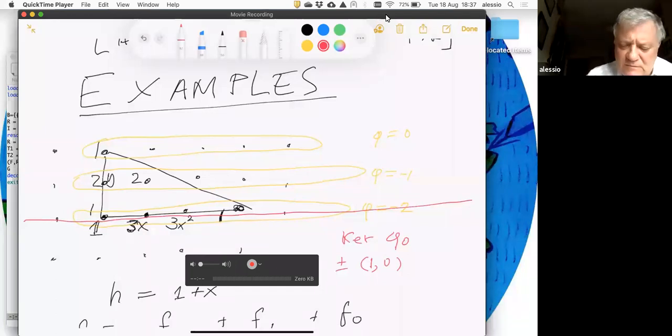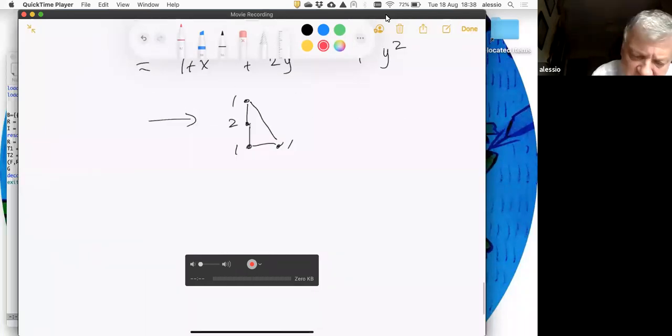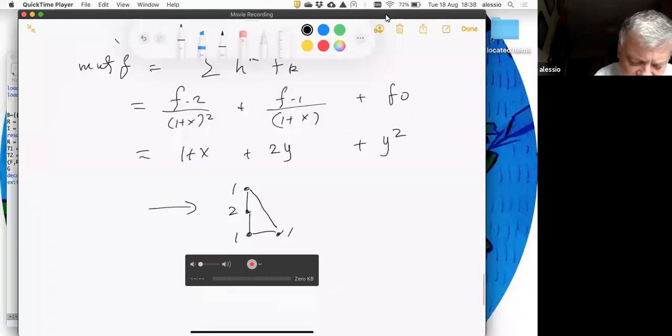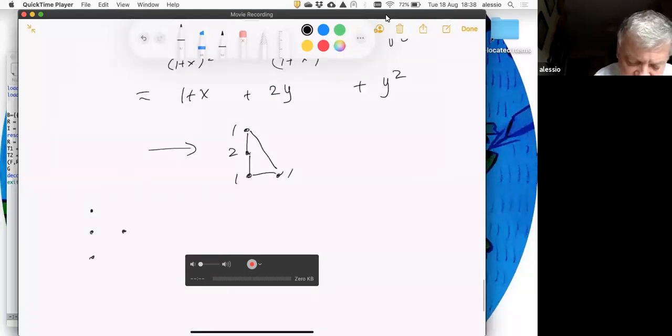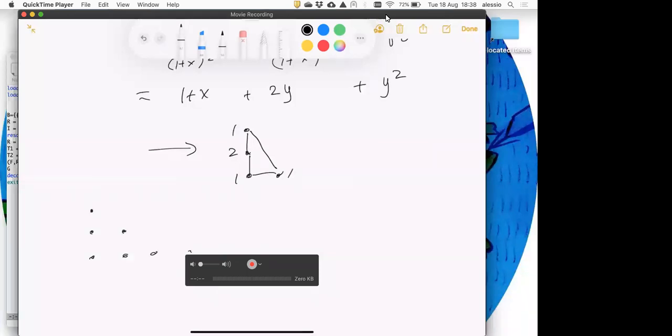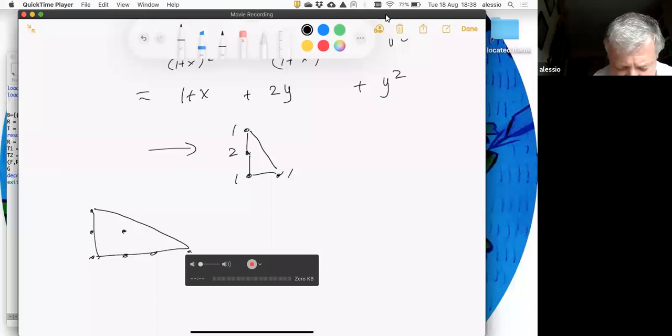So let me do another example, maybe a little bit quicker. Same Newton polygon. So I'm going to write 1, 3, 3, 1, 2, 1. But here, instead of putting a 2 there, I'm going to put a 3.